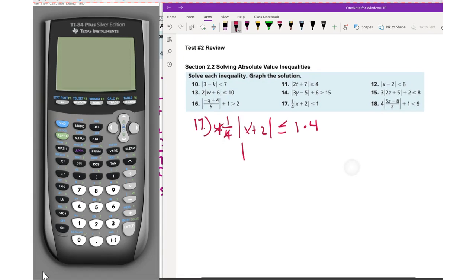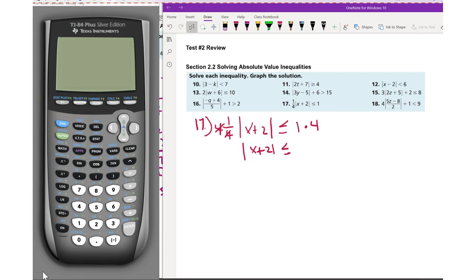So you're left with the absolute value of x plus 2 less than or equal to 1 times 4, which is 4. So we multiplied 4 to both sides, and so we're left with the absolute value of x plus 2 is less than or equal to 4.